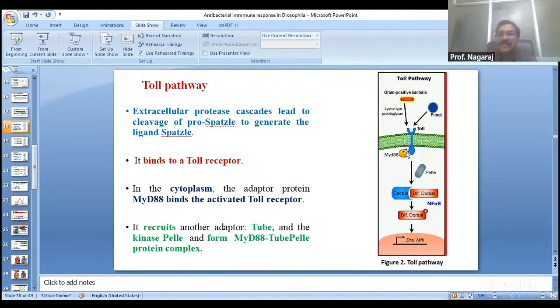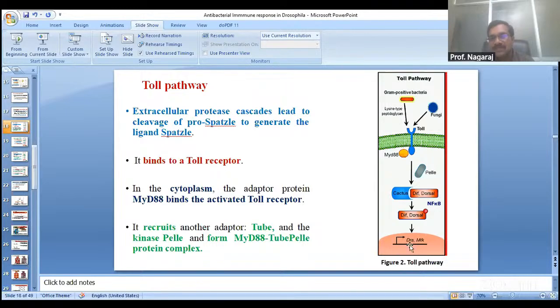That is where it gets activated, as and when gram-positive bacteria infect. The receptor gets activated with the help of the MyD88 adapter protein internally. Then Pelle recruits another adapter, Tube, and Pelle is a kinase, forming the MyD88-Tube protein complex. And then it activates the Dorsal proteins.